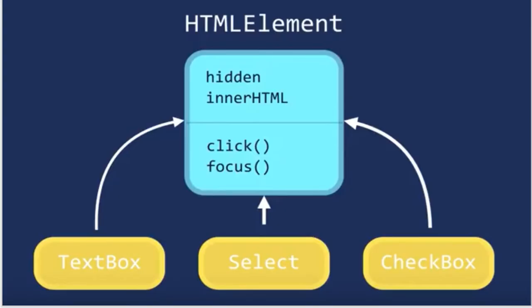They should have properties like hidden and innerHTML and methods like click and focus. Instead of redefining all these properties and methods for every type of HTML element, we can define them once in a generic object called HTMLElement, and have other objects inherit these properties and methods. So inheritance helps us eliminate redundancy.